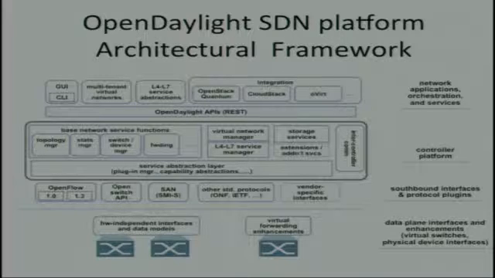Another interesting feature of it is this service abstraction layer. The idea here is that applications that run on top of this shouldn't have to know what kind of southbound they're talking to.